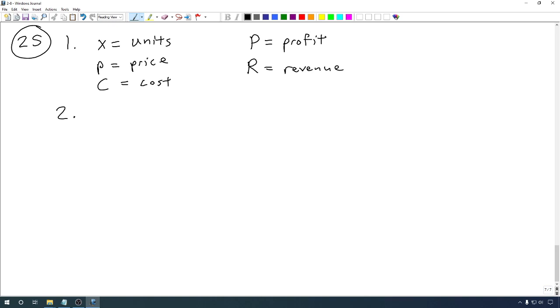They're basically asking how many more or less units are we selling to get that change in profit. So somehow we want some relationship between the profit and the units x. These other quantities that are changing over time are probably going to have to come into play in some form or fashion, but eventually we only want to have profit and x in our equation.